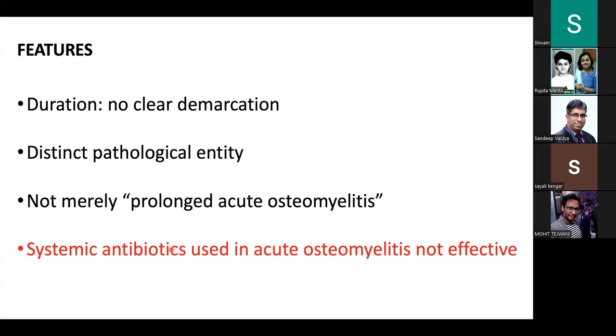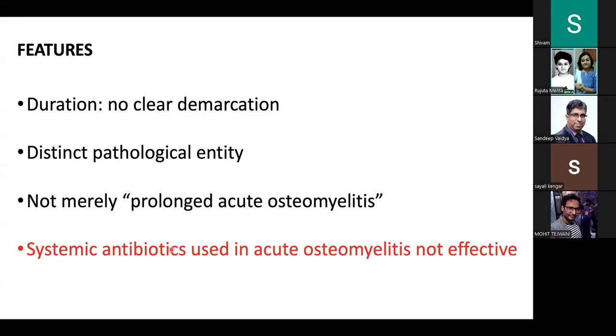Now, coming to features, there is no real demarcation that has been mentioned. If it is more than 3 months, you should call it chronic osteomyelitis. No such clear demarcation in literature. But what you need to understand is that chronic osteomyelitis is not just simply an acute osteomyelitis which is prolonged in duration.